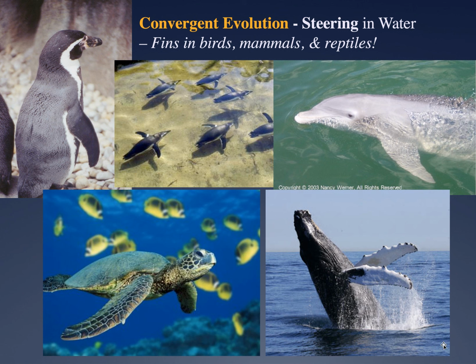Each of these flipper-like structures have independently evolved because the last common ancestor of turtles and whales and penguins did not have flippers. So it tells us that each of these groups evolved similar structures and pretty much for the same function, steering in the water. Another aspect of motion.